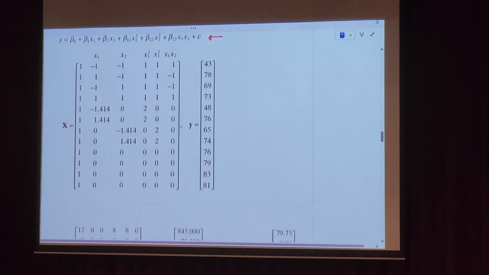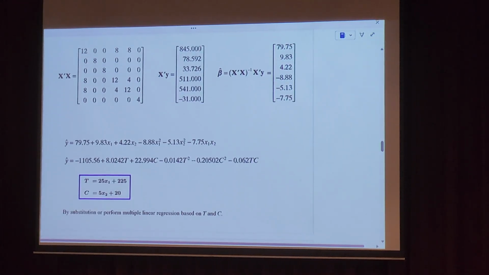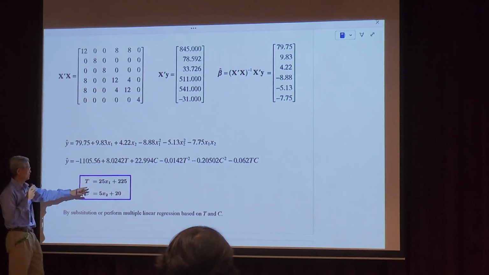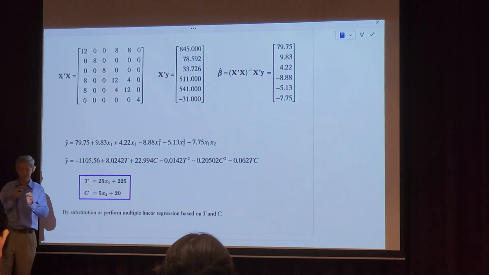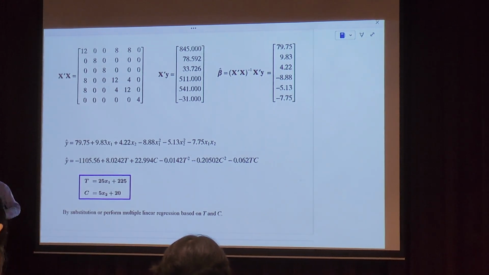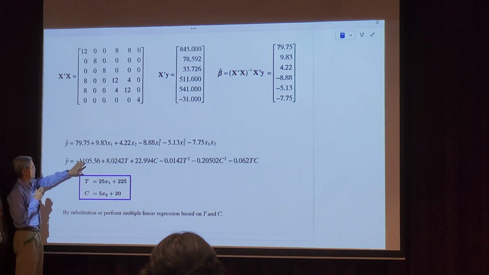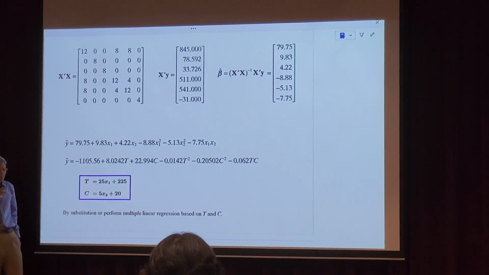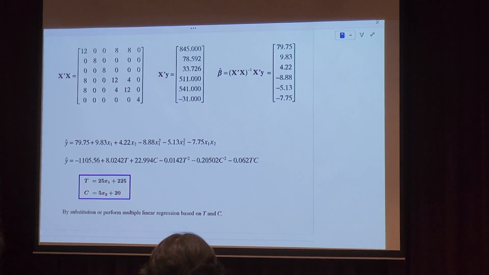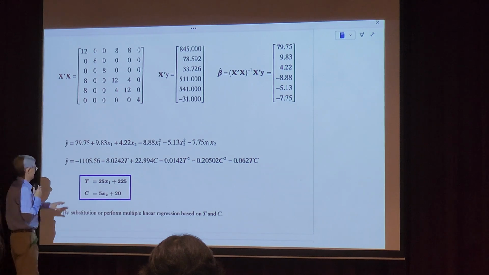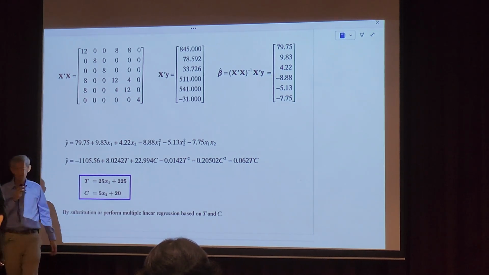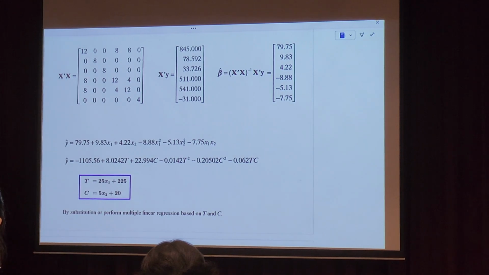So after you have fitted the model using the coded variables, you can put it back, because what matters to us is T and C, not so much x1 and x2. x1 and x2 are just for us to determine what T and C to use, because you need that 1.414 or whatever, that magical number. So you can use substitution. Substitute into this, you should get this. I think last semester, the last time I taught it 1 year ago, some students substituted it and told me it's not the same. So I said, try again.